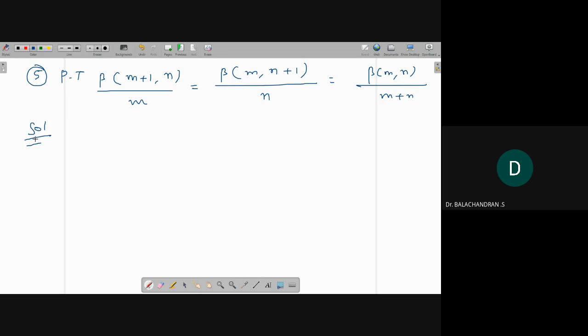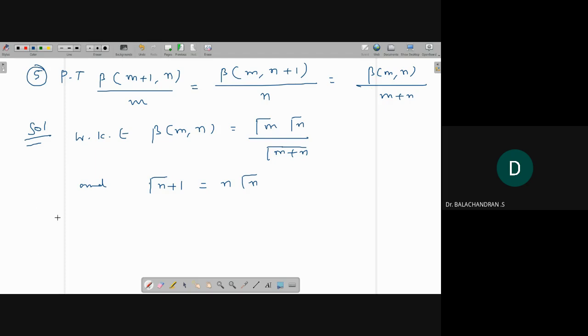Here I am going to use two results. One is the relationship between beta and gamma function: beta of m comma n equals gamma of m into gamma of n by gamma of m plus n. And second, the recurrence relation for gamma function: gamma of n plus 1 equals n into gamma of n. If you know these two results, you can prove this result.